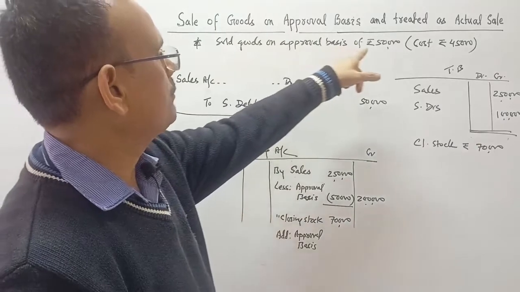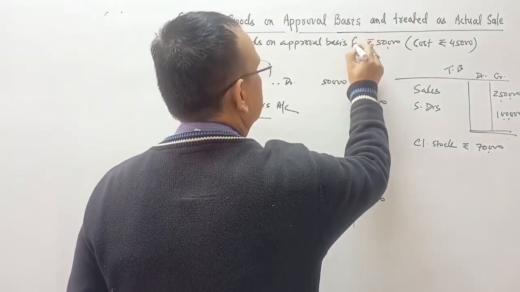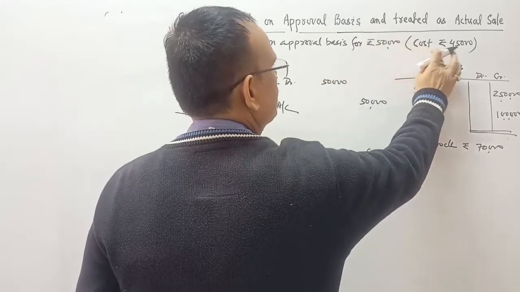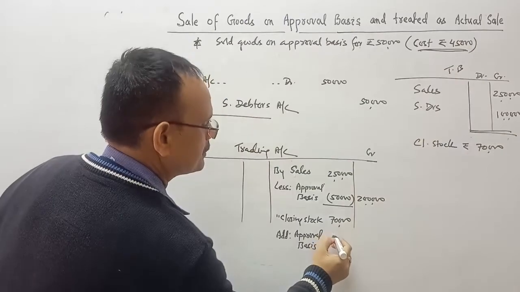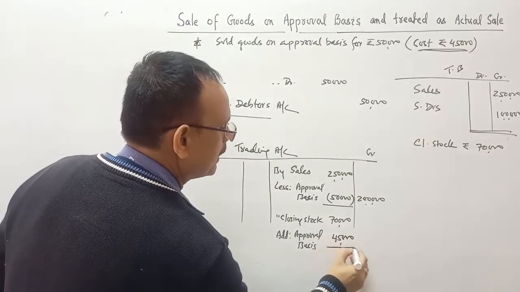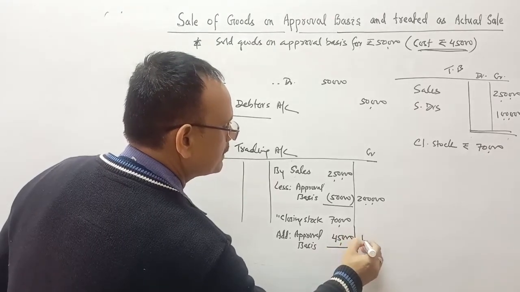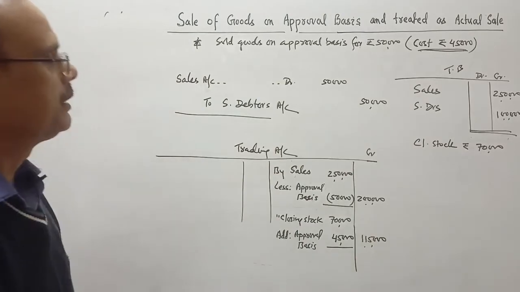Goods sold on approval basis for rupees 50,000, and the cost price of that goods is 45,000. So you take cost, cost or market value whichever is less, and then you write the amount in the outer column, 1,15,000.